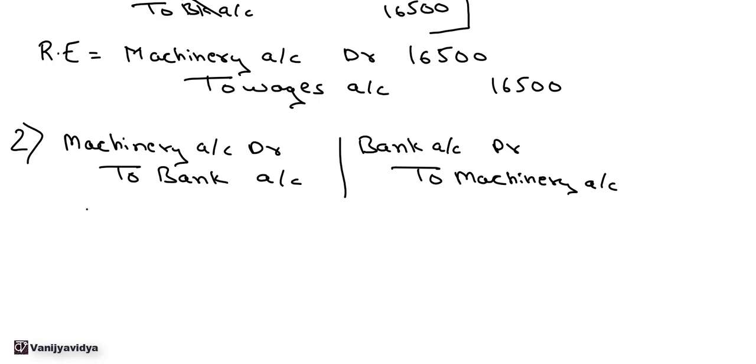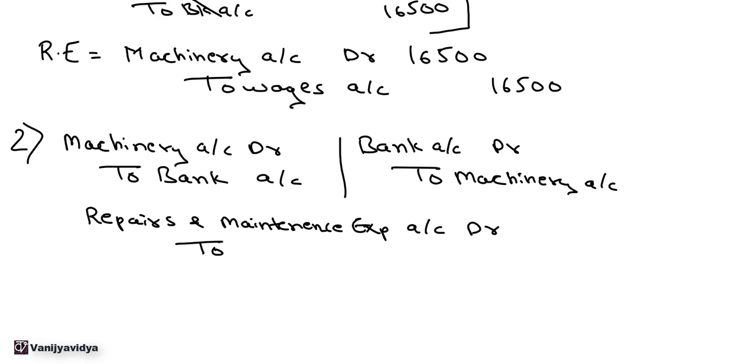The actual entry should have been repairs and maintenance expense account debit to bank account. Now we will pass a rectification entry by combining these two entries, that is effect of these two entries.